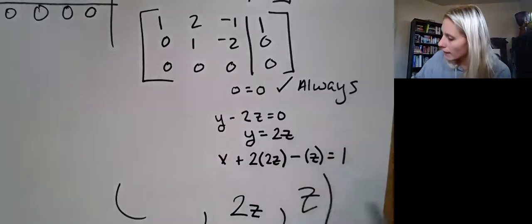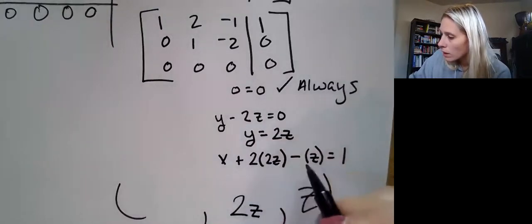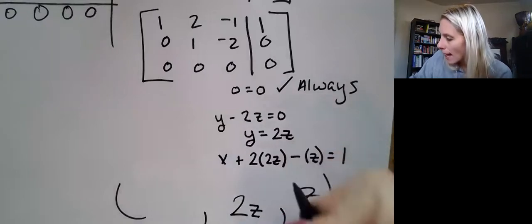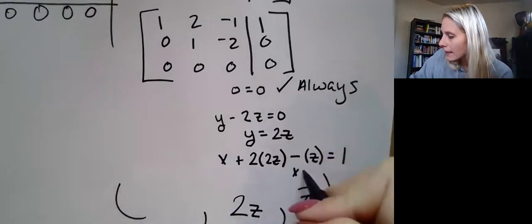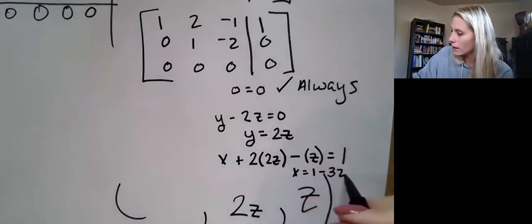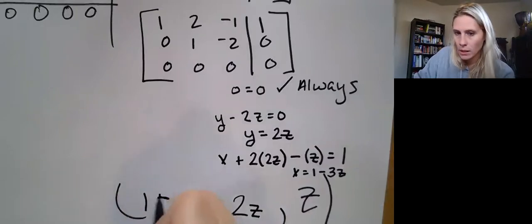Okay, now let's do this out. So we get, that's 4. 4 minus 1 is 3z. So what we'll have is that x equals 1 minus 3z. And now we have that as our coordinate.